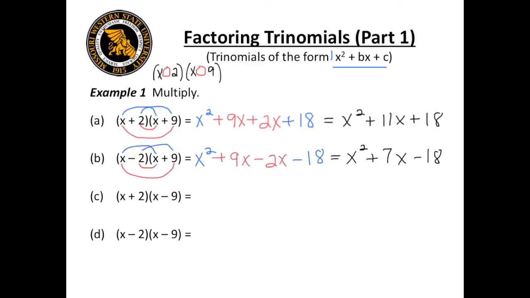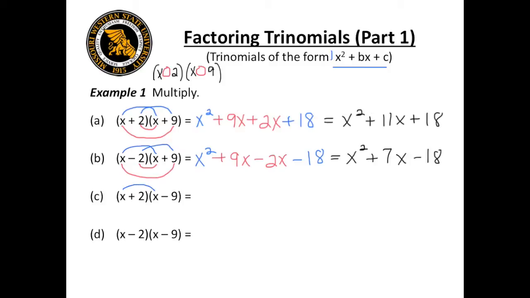Now we're beginning to see some differences between the results that we see in A and B. But before we try to generalize, let's continue the multiplication process. So consider example 1c.